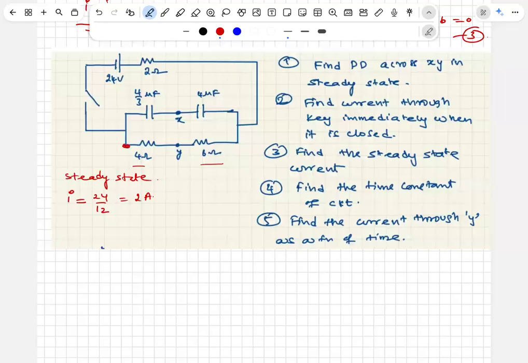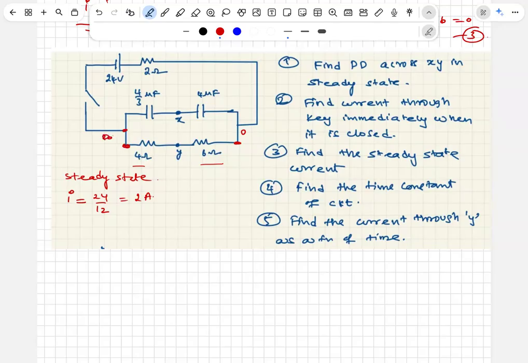Means the drop across these 2 points alone: temporarily take this as 0, then 10 ohms into 2 is 20 volt.